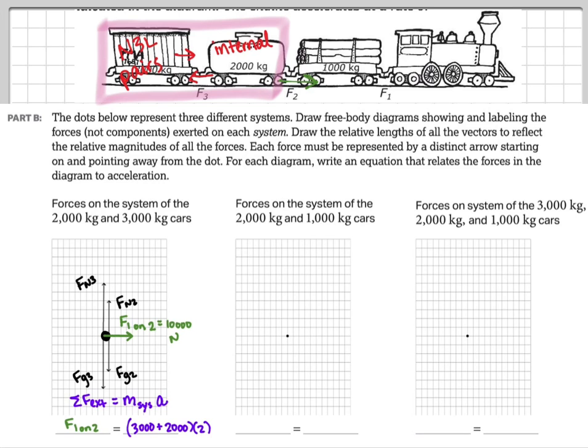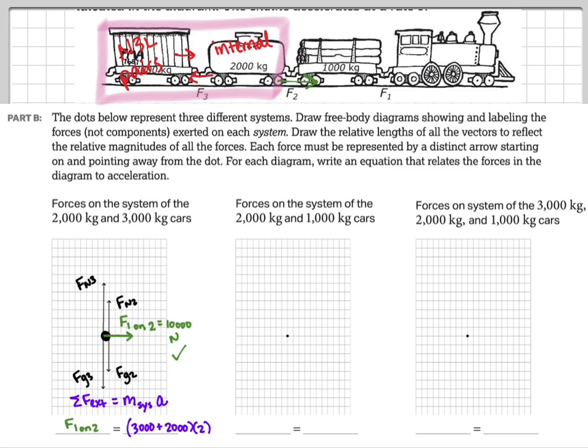I'm not looking at a single object, I'm looking at a system of objects, so I want to consider the system's total mass when setting up my Newton's second law equation. When I crunch my numbers, I get 10,000 newtons, the same as before.